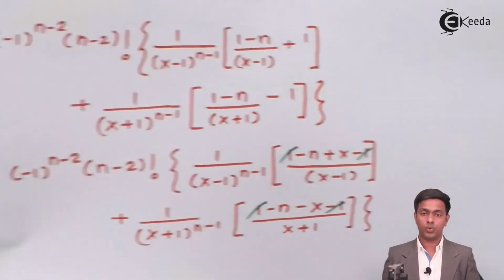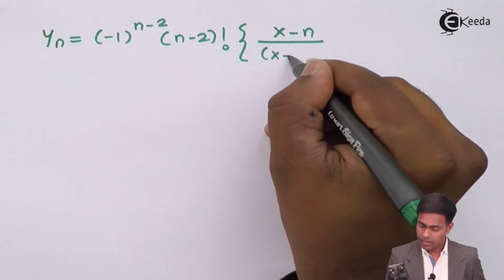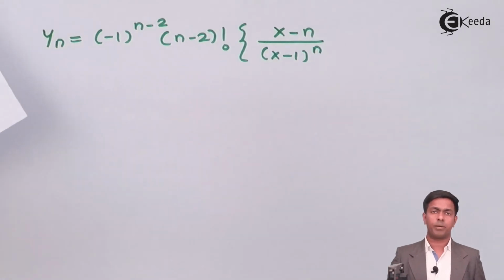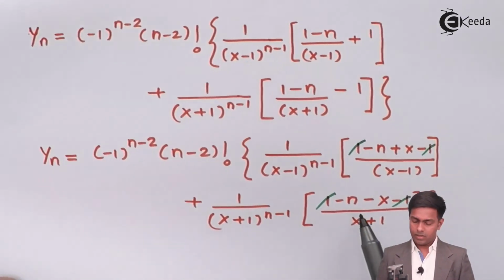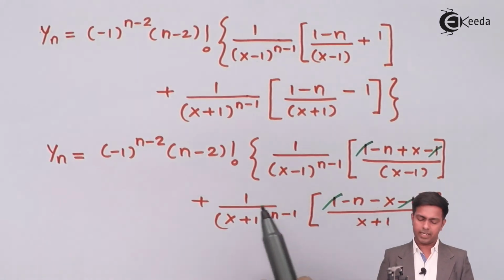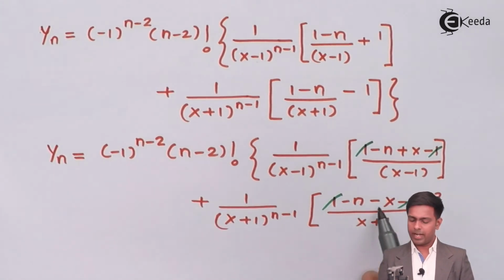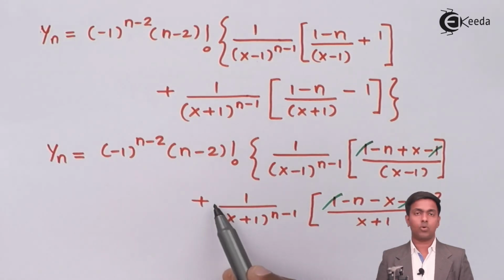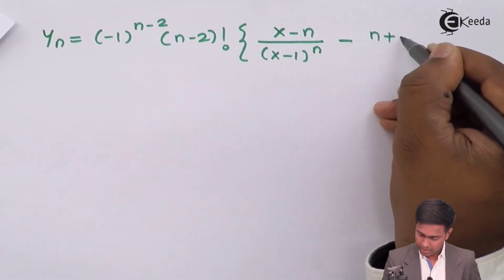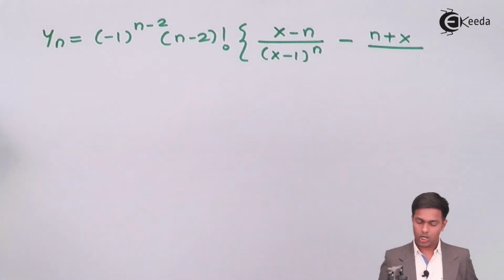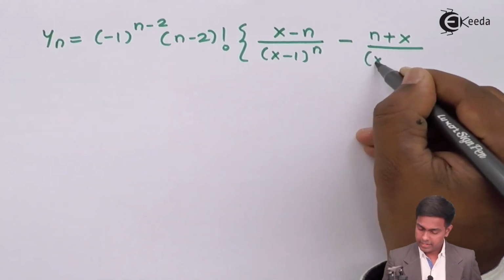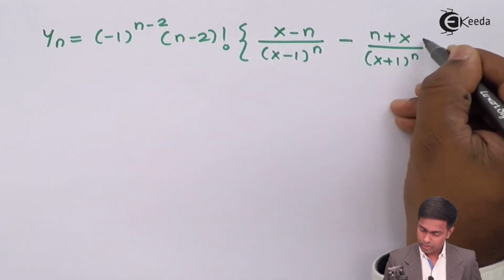Multiplication of these two will be (x minus 1) raised to n, because we'll add the powers for common base. Next, here out of these two, I can take minus n outside, so that will become n plus x, and minus n outside, so we'll get minus of (n plus x), upon multiplication of these two will be (x plus 1) raised to n.